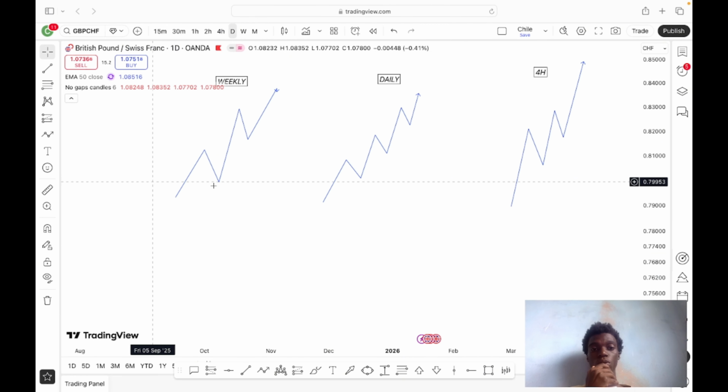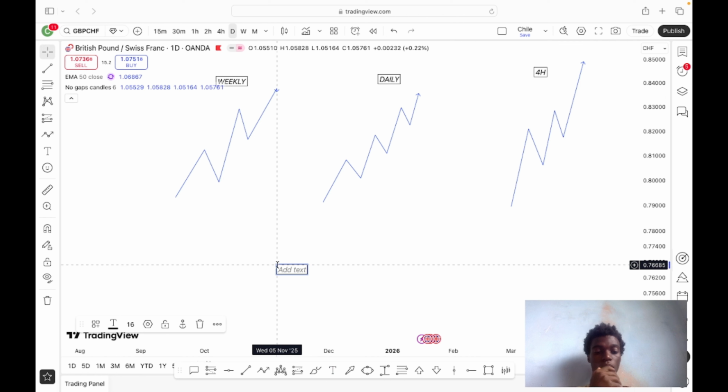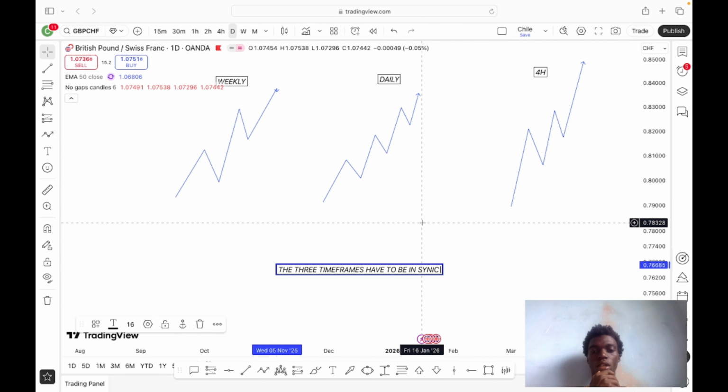So the three time frames have to be in sync, something like this, sync.